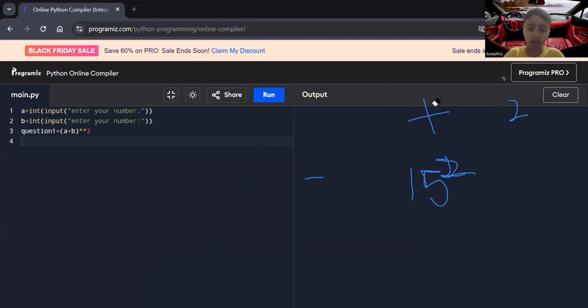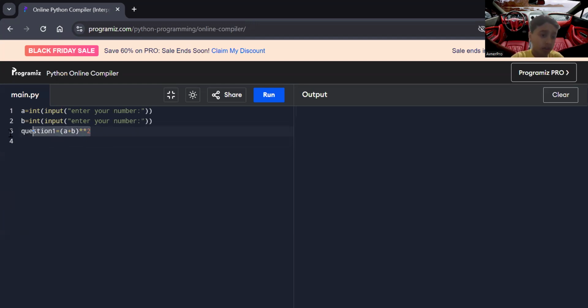Anyways, let's clean this up. Then let's say we have many more questions, so let's just copy this. There's like A minus B, and then we have cubes.